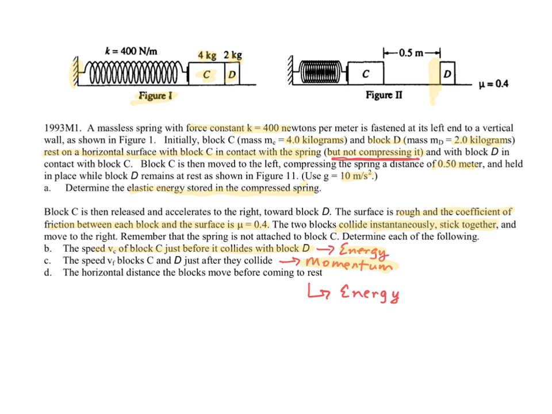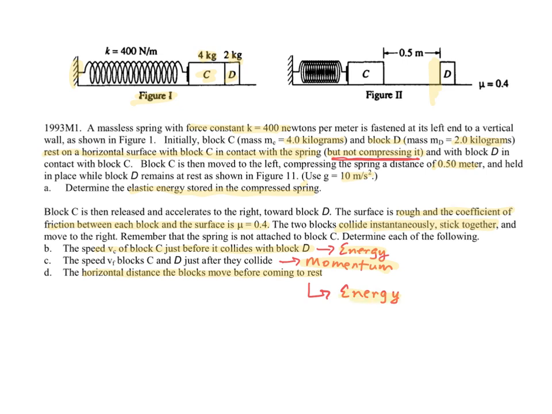And this is exactly what we did in class today, only instead of a ball and a sponge, it's two blocks hitting each other. So if you followed along in class today, what we did on problem 29 from the end of your book, you should be able to figure out an expression for the horizontal distance the blocks move before coming to rest.